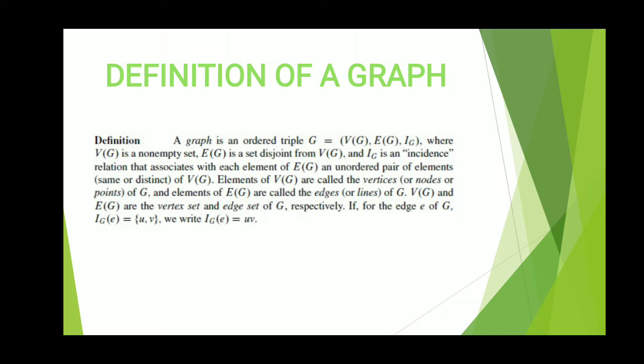The elements of V(G) are called the vertices, nodes or points of G, and the elements of E(G) are called the edges or lines of G. V(G) and E(G) are the vertex set and edge set of G respectively. We write Ig(E) = {U, V}. That means to form an edge E, we connect the vertices U and V. So simply we write Ig(E) = UV.